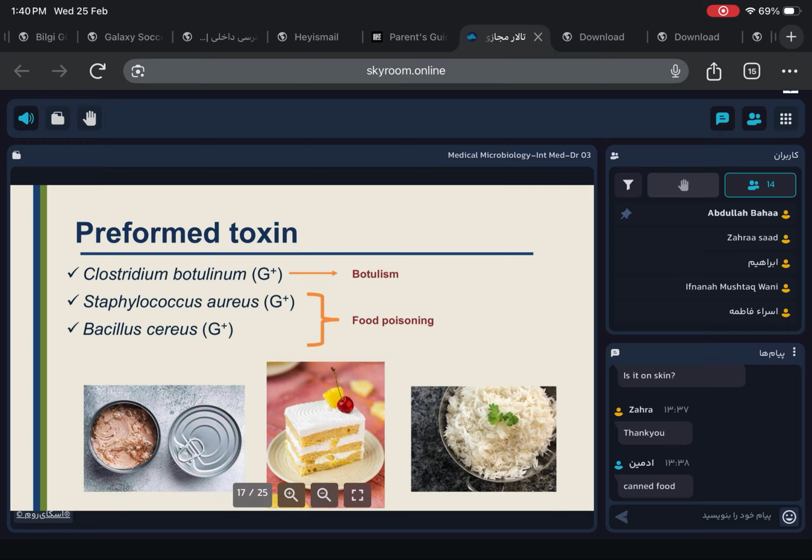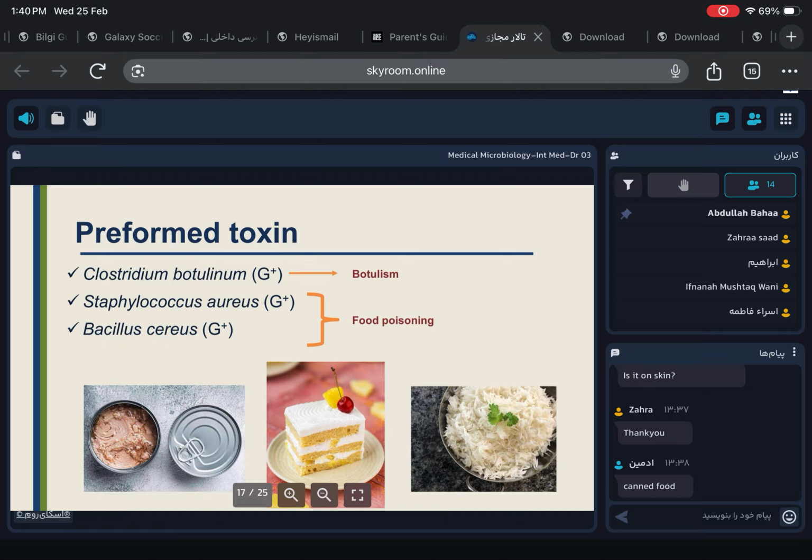So the thing is, Staphylococcus aureus is not able to produce toxin inside the body. When we consume the food contaminated with Staphylococcus aureus, this bacterium is destroyed by the action of the acid in the stomach. So the stomach acidity is able to kill Staphylococcus aureus, but it has nothing to do with its toxin, which is already produced in the food.